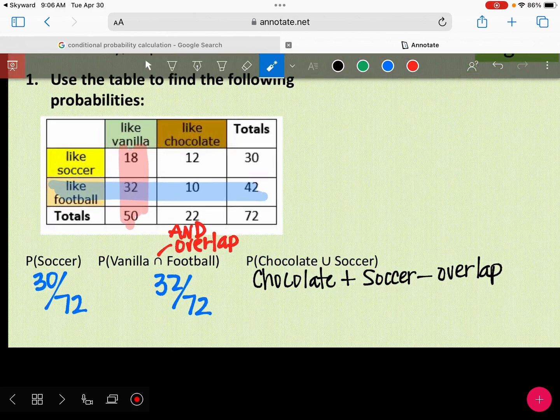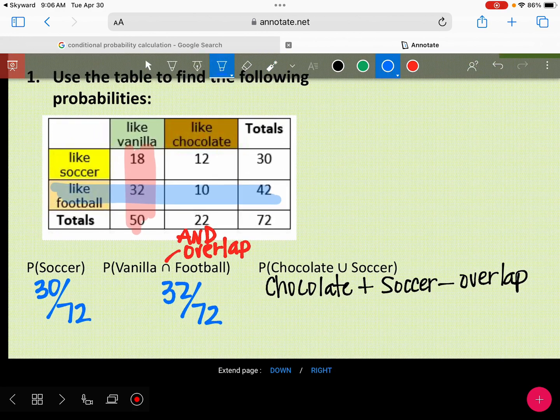So chocolate. How many people in total said they like chocolate? Chocolate would be this row. Altogether, 22 people said they like chocolate. Plus, how many people said they like soccer? 30.